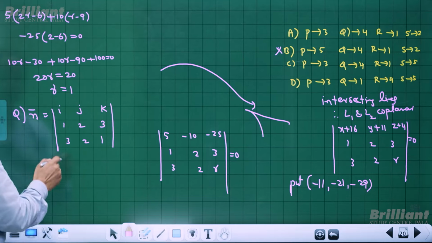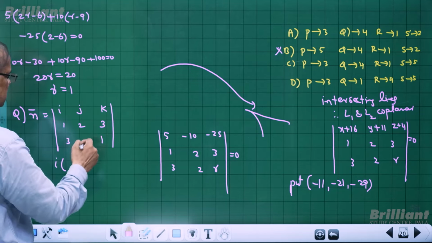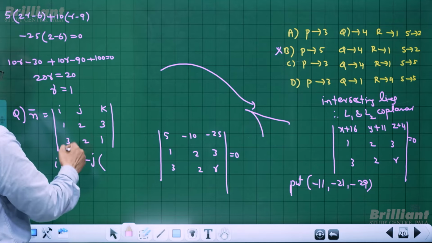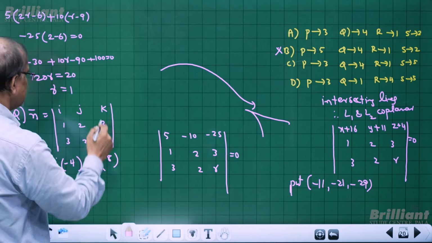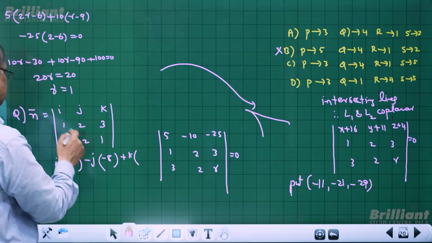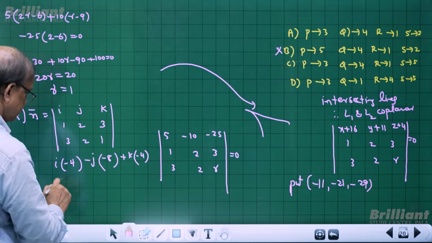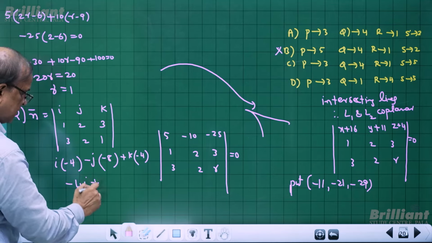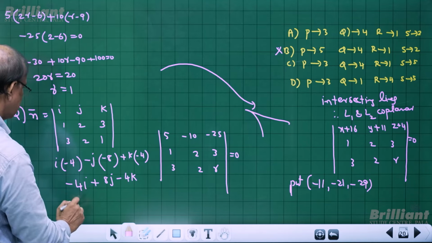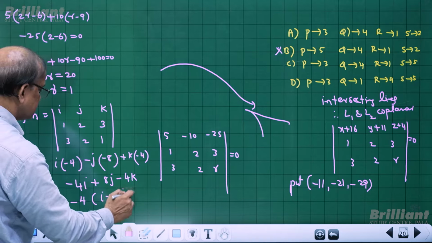So, i, j, k, 1, 2, 3, 3, 2, 1. Therefore, you can write this as i times 2 minus 6 minus 4, minus j times 1 minus 9 minus 8, and plus k times 2 minus 6 minus 4. So, it is minus 4i plus 8j minus 4k, taking minus 4 common, i minus 2j plus k.